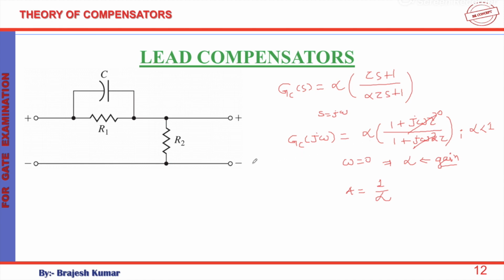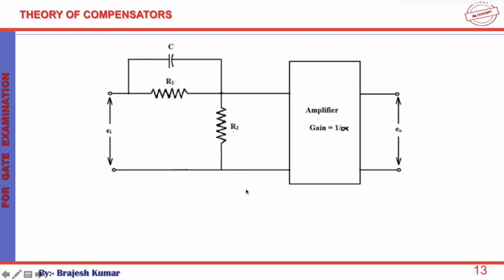The lead compensator can then be visualized something like this. Clear? So we have the same circuit. Here it is R1 and here it is C, here it is R2, and there was an alpha term appearing in the transfer function of this system.